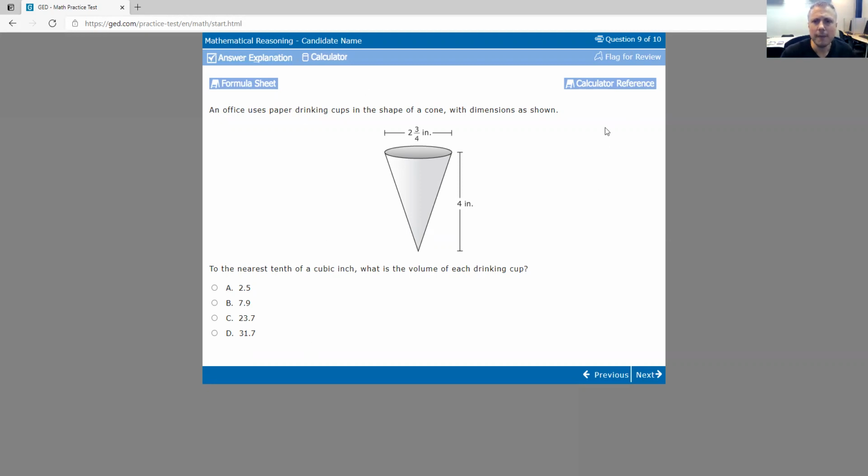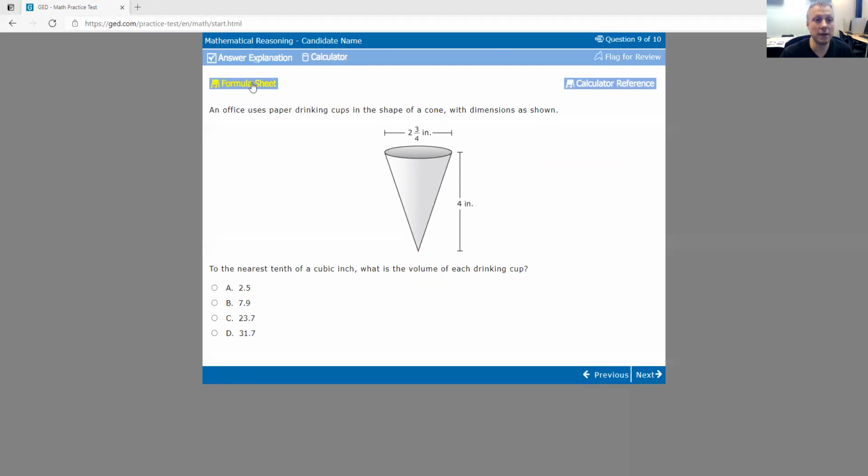So as you can see here, they are actually asking for the volume of this drinking cup, which means we do want the volume formula. So on that volume formula, they gave us this formula, 1/3 pi r squared times h. And we can take another look at it.